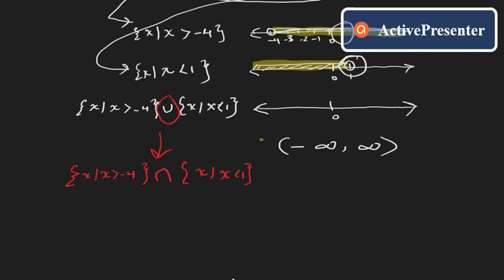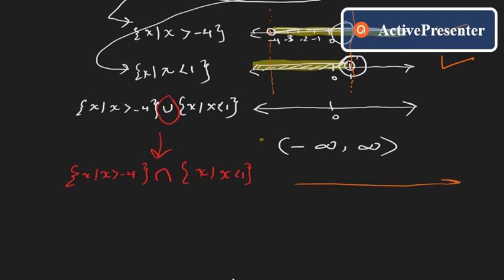We have to see where those two sets intersect. Therefore we can see from the graph that they are intersecting in this portion and in this portion. Or let me graph it here again.